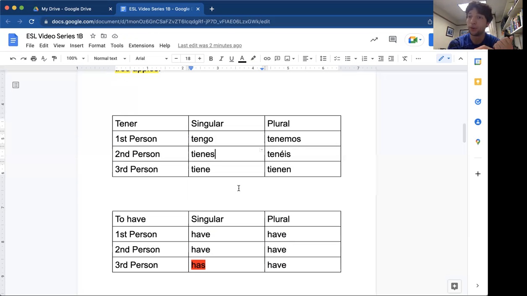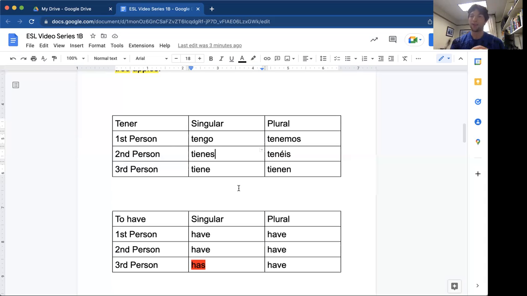In Spanish, you can say yo tengo un bolígrafo, but you could also just say tengo un bolígrafo. The subject yo is equivalent to I, but you can basically just get rid of it because tengo already indicates that the subject is first person singular. So all of that information is contained within the verb in Spanish.